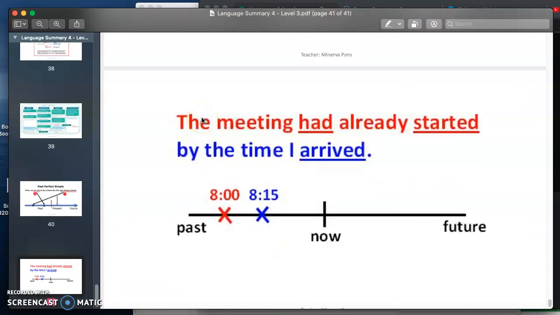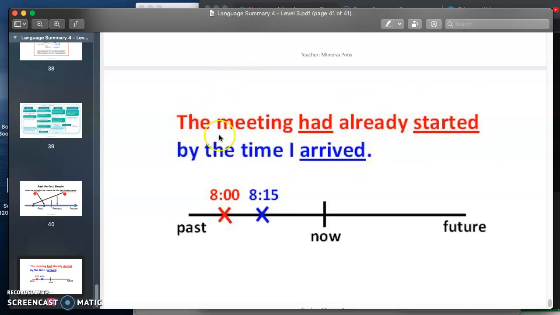Let's see this example too. The meeting had already started by the time I arrived. Again, we have a timeline, with the present, the future, and the past. In this sentence, both of the actions happened in the past, but one of the actions happened first and then the other action happened.